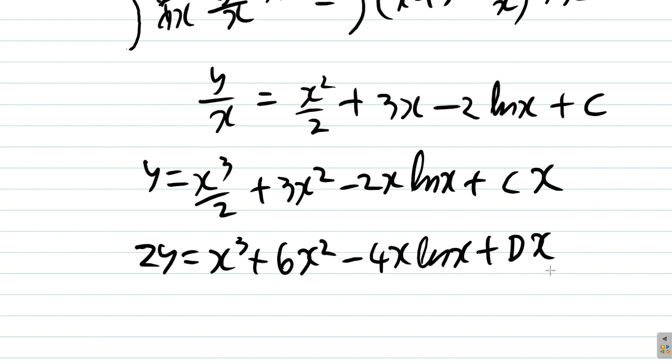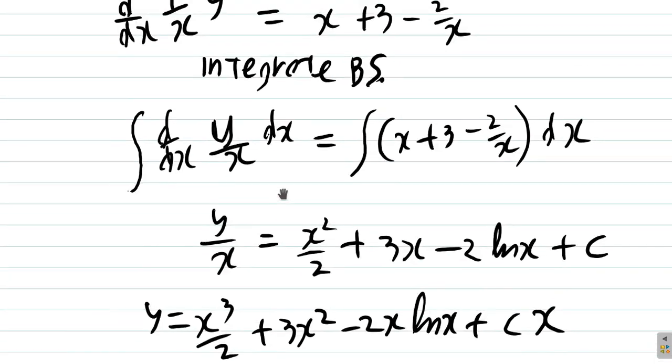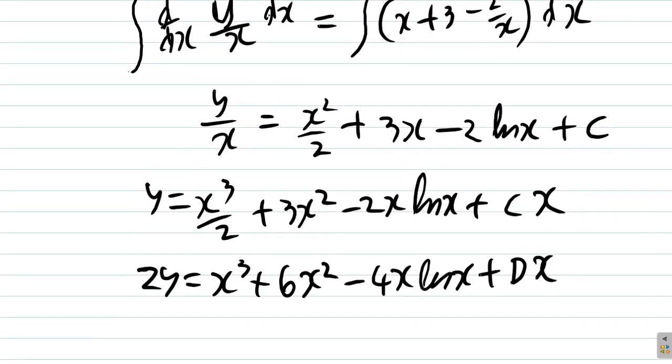Alright? So these last steps are just to try and make it a bit neater. But if you're in an exam, you probably wouldn't have the time to be doing all of that. But you solve it, you know, essentially, you solve it here. But you made it a bit more appealing, right?